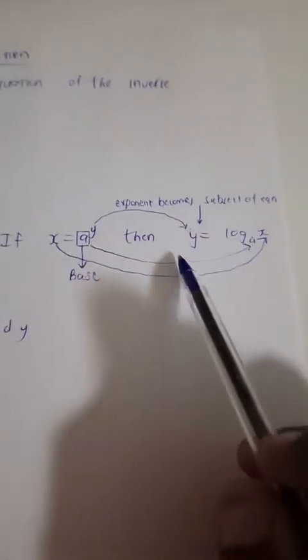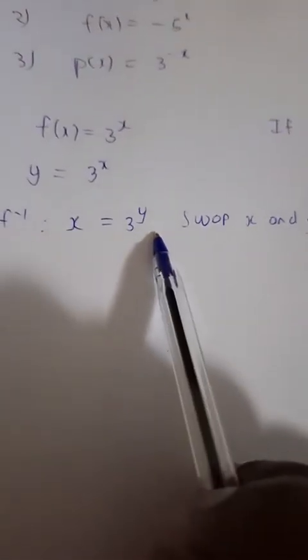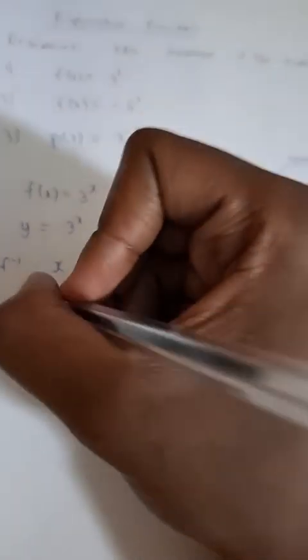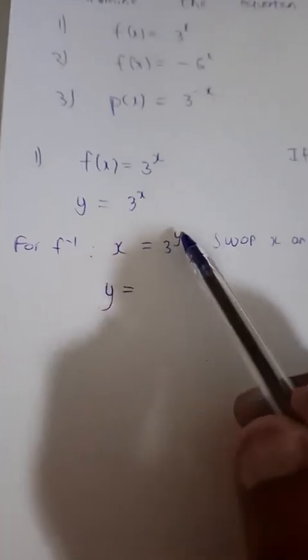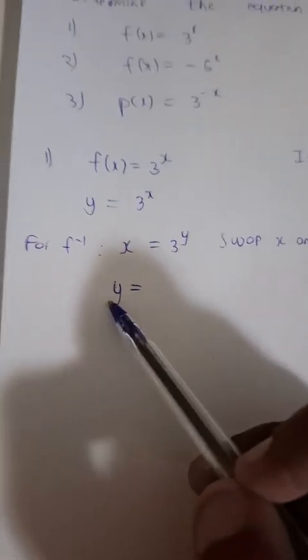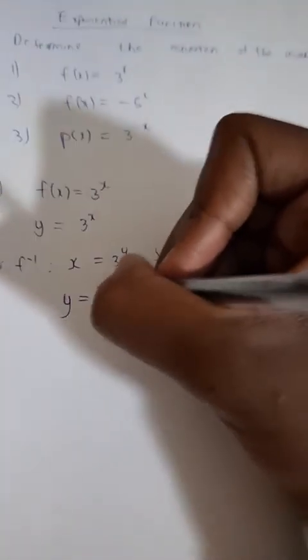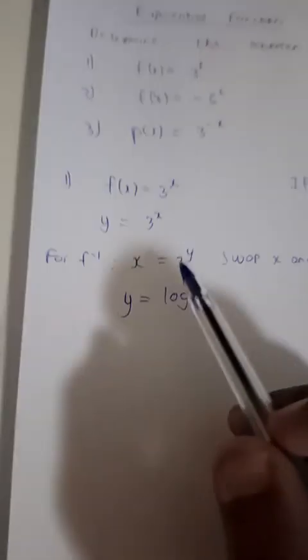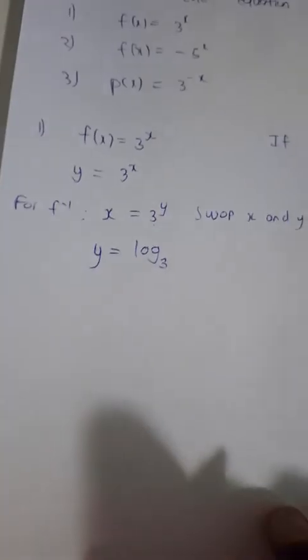Okay, so if we use this understanding, then x is equal to 3 to the power y becomes what? The subject becomes y, because we said the exponent becomes the subject. Log gets introduced. The base was 3, so that base still remains as the base of log.